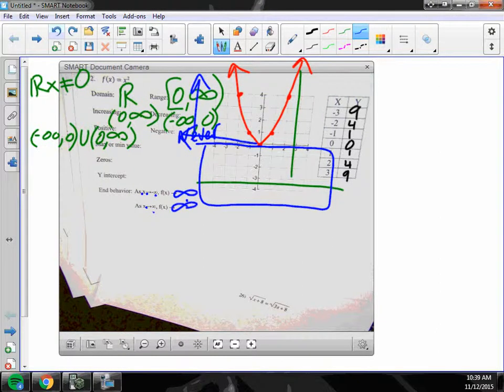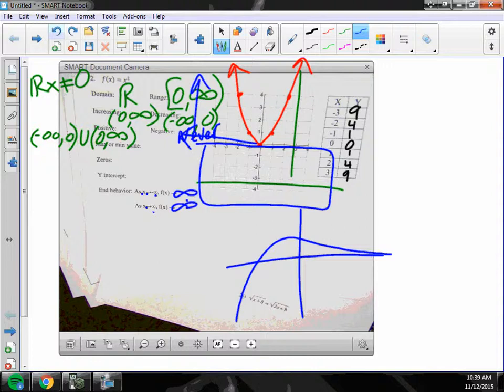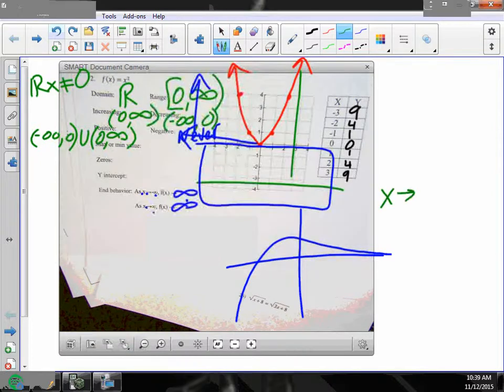Okay? Now, what if I had this graph? So in this case, as x approaches negative infinity, y approaches what? So if that's my graph, as x goes to the left, the graph is going down towards negative infinity.